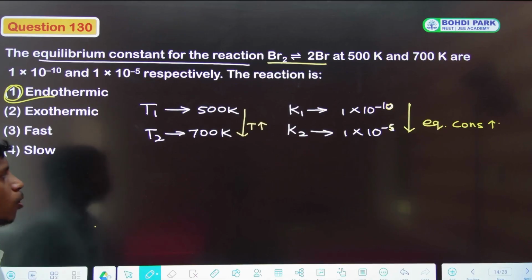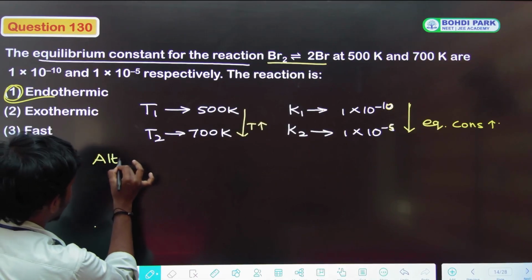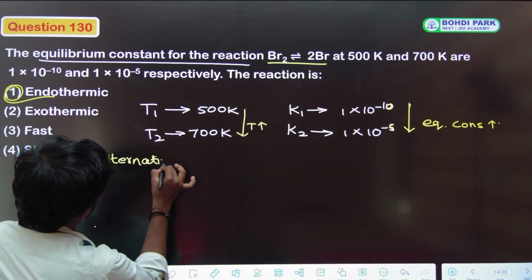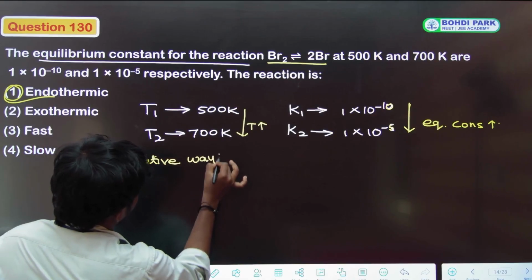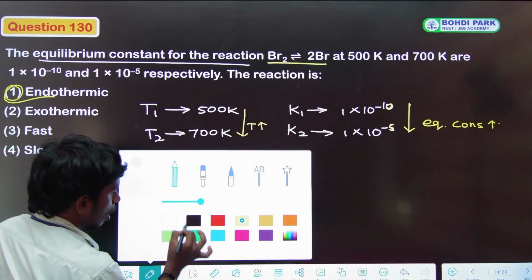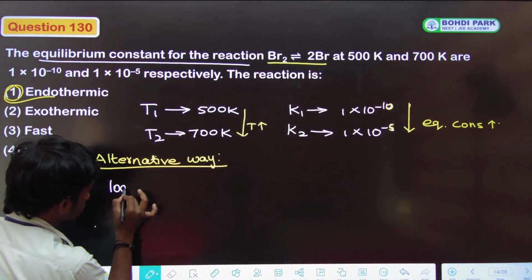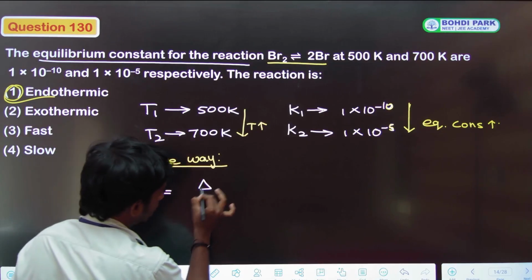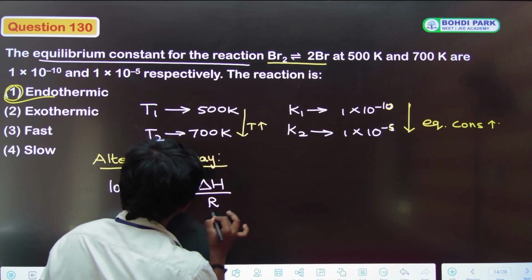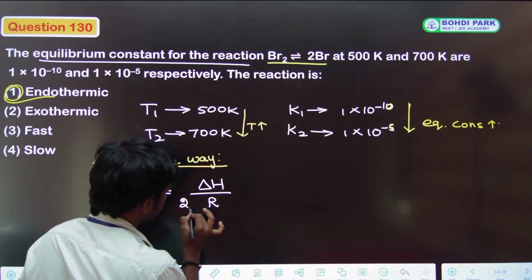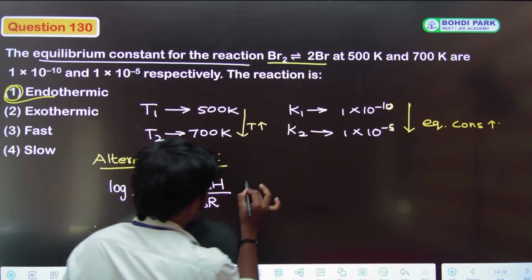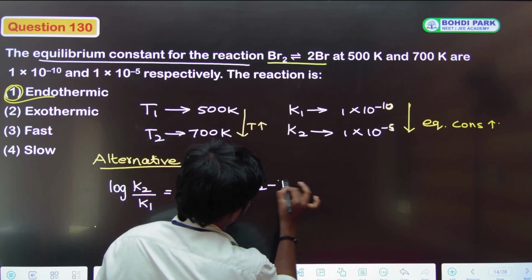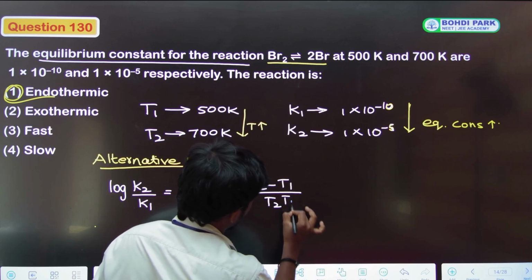And we have one more alternative way, we can go with the mathematical way. Log of K2 by K1 is equal to delta H divided by 2.303 R into T2 minus T1 divided by T2 T1.